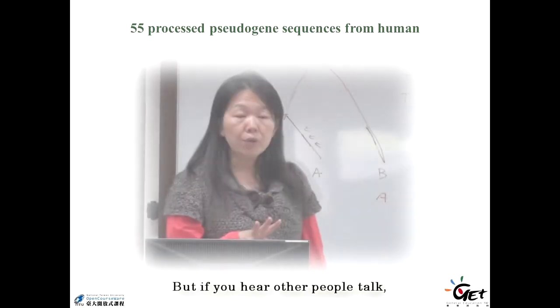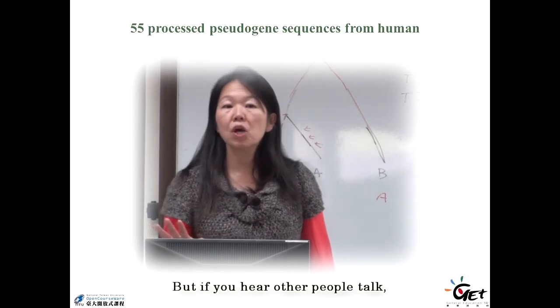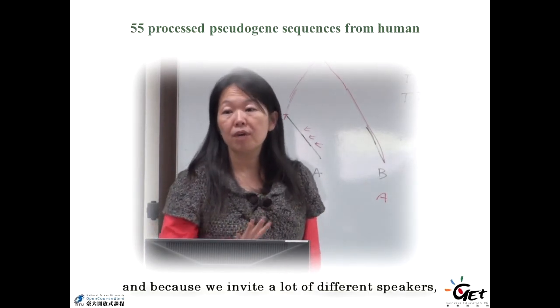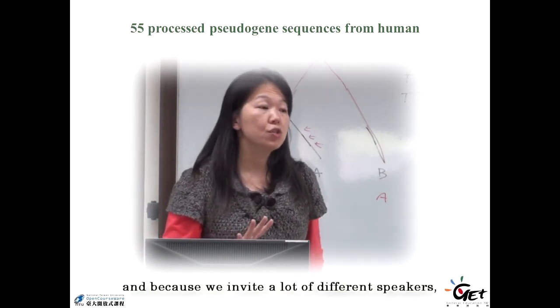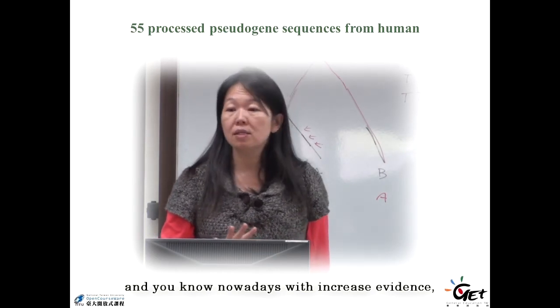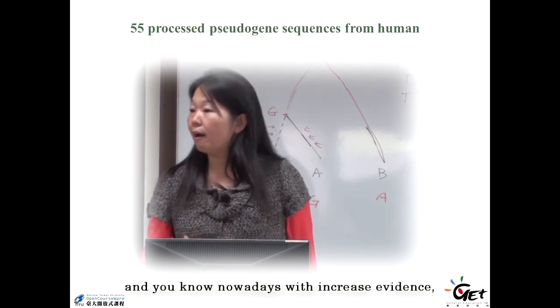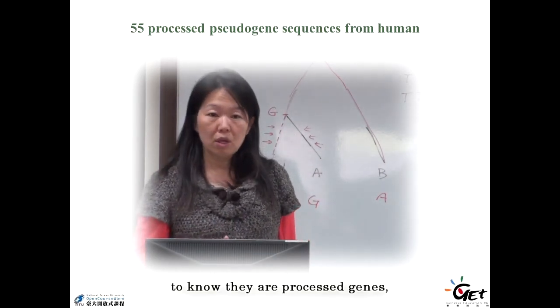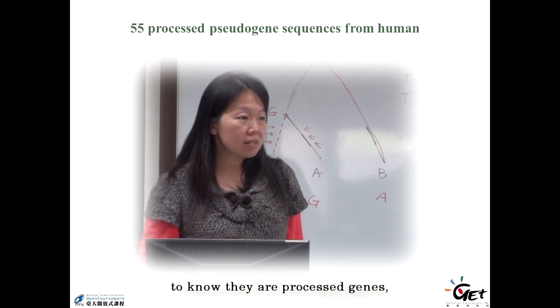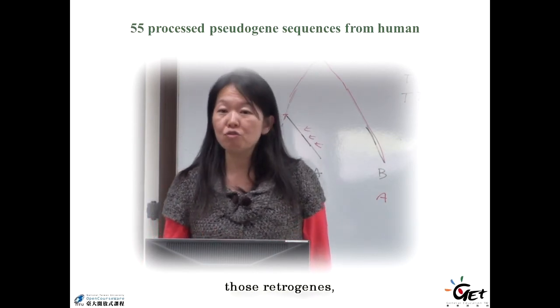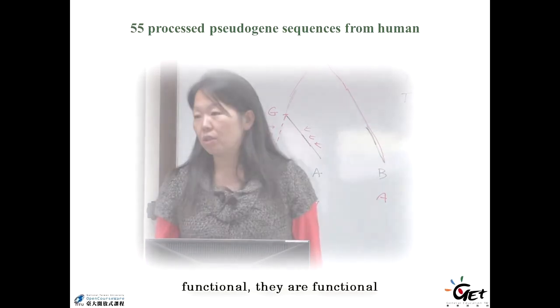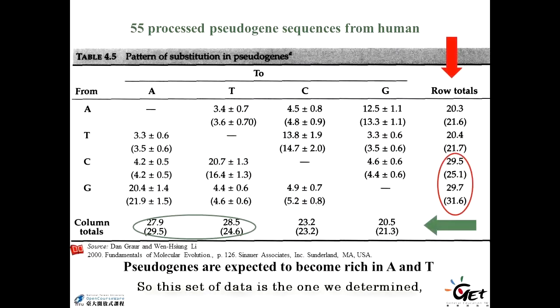But if you hear other people's talks, because we invite a lot of different speakers, nowadays there is increasing evidence that some of those processed genes, those retrogenes, are functional. So this set of data is the one we determined or we knew to be pseudogenes.